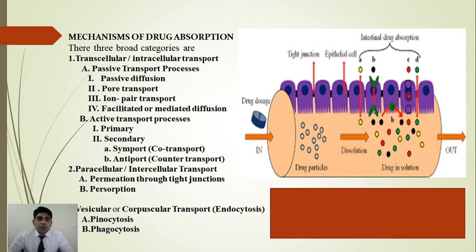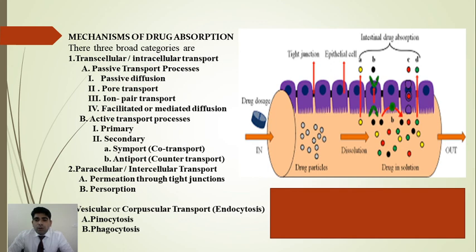The third one is vesicular transport, also called endocytosis. In this mechanism the drug will also enter into the cell, but how is it different from the first one, transcellular? In vesicular transport, as the name suggests, vesicle formation takes place.